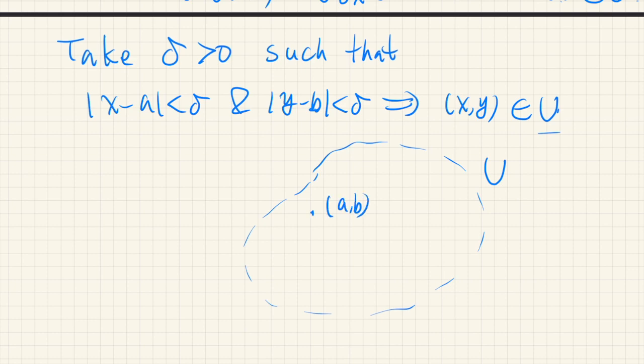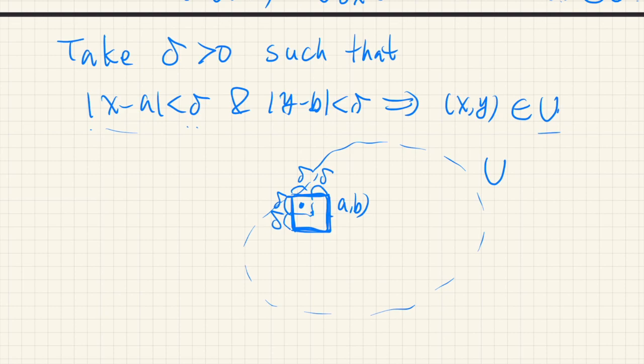If we take small enough delta, then we can pick a small square, so this is delta and this is delta. As long as the absolute value of x minus a is less than delta and the absolute value of y minus b is less than delta, that means (x, y) is within this square. And this square is completely buried inside the open region U. So if delta is small enough, this is always possible.